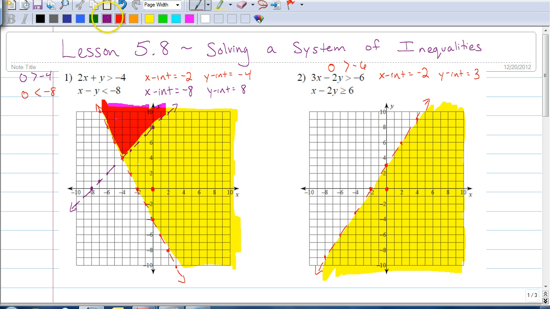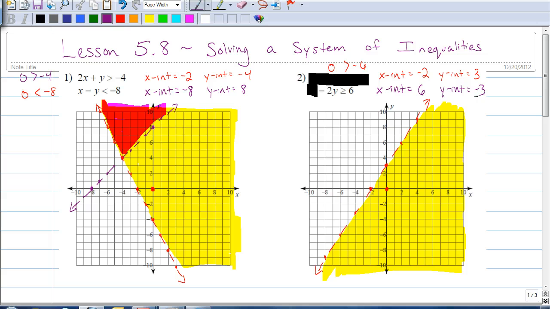So now I'm going to find my x and y intercepts for my other inequality. So my x-intercept is going to be when y is 0. So that means that my x-intercept is 6. My y-intercept is when x is 0. Again, I don't want to accidentally cover up that negative, because now 6 divided by negative 2 gives me a negative 3.